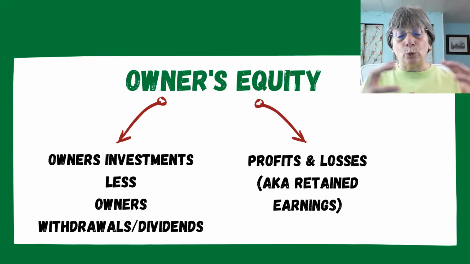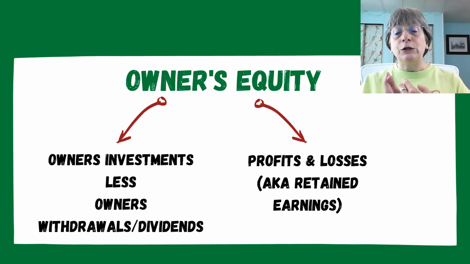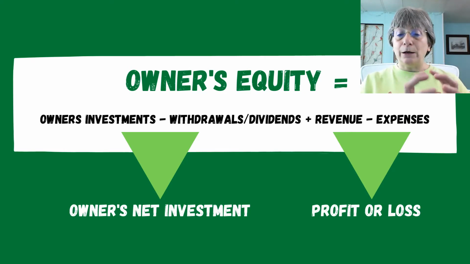And we have an account where we keep track of all of those profits and losses, and we call that account retained earnings. So now we have, as part of our owner's equity, owner's investments, less owner's withdrawals, and then we're going to add or subtract profits and losses. So if we look at owner's equity as those two different pieces, we've got owner's investments minus their withdrawals or dividends. So you can consider that to be the owner's net investment.